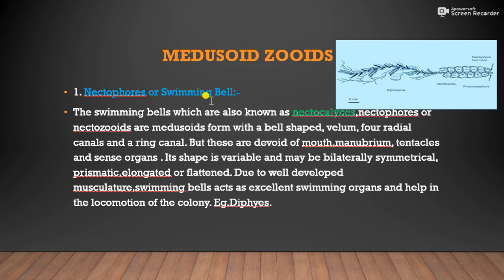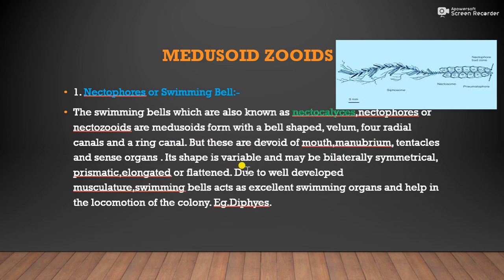The first modified zooid is the nectophores, or swimming bells, also known as nectocalyx, nectozooids or medusoid form. All these are medusoid forms with a bell shape and velum, with radial canals and ring canals, but devoid of mouth, manubrium, tentacle, and sense organ.